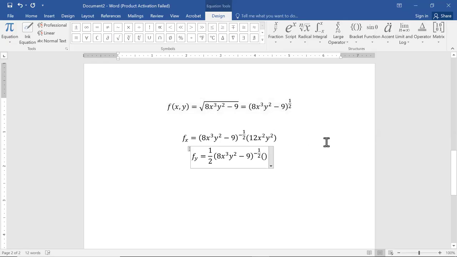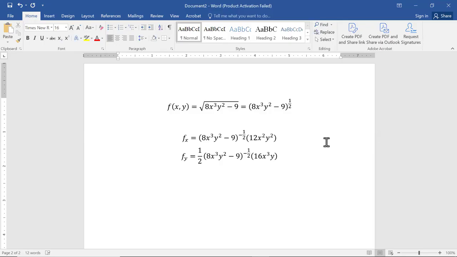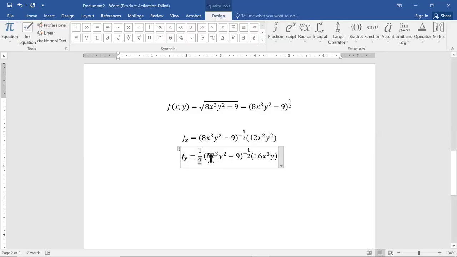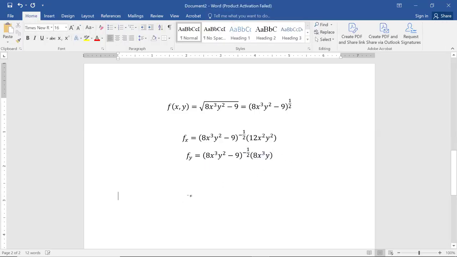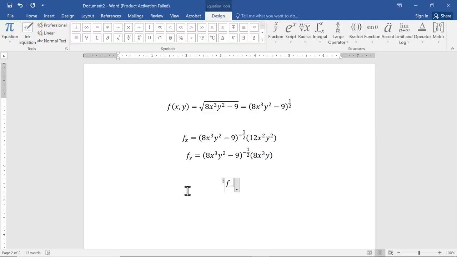I'm going to get 8 times 2, which is 16, x to the third times y to the first. Again, if I want to rewrite this, that 1/2 times 16 can turn into an 8. That makes my life a little bit easier. So those are my first partial derivatives.